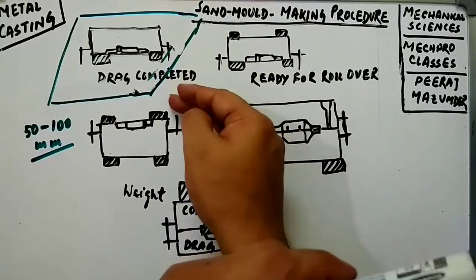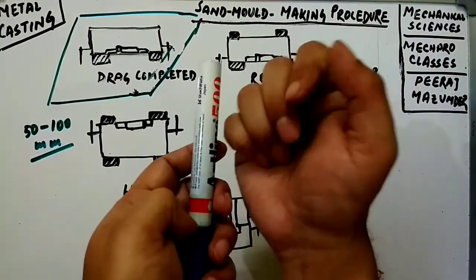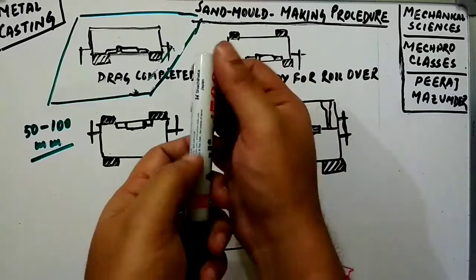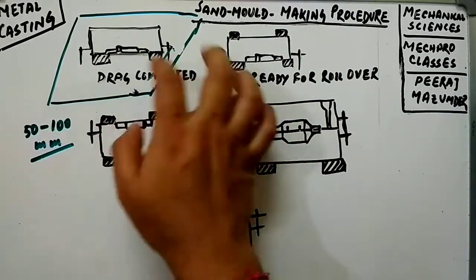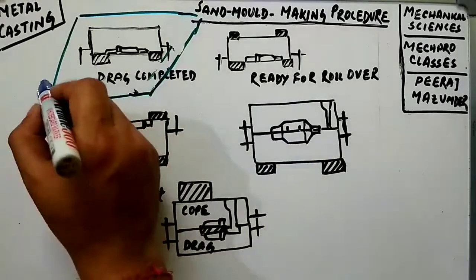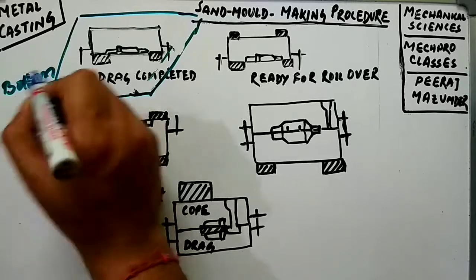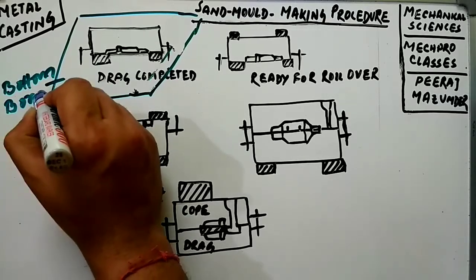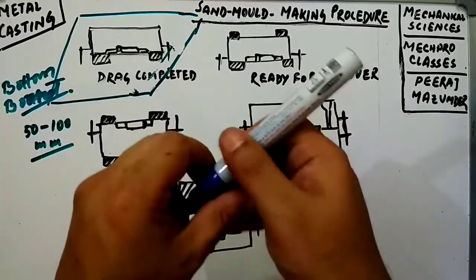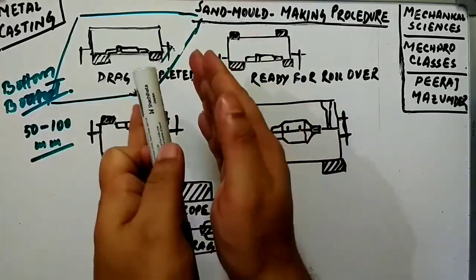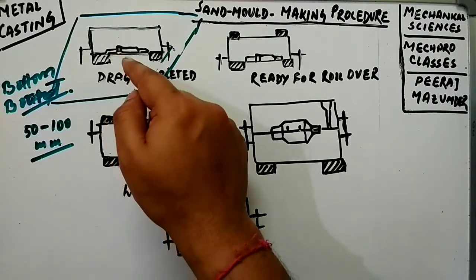Now dry facing sand, you already know the function of dry facing sand. I already discussed in the first video what the function of dry facing sand is. So dry facing sand is sprinkled over the board. This is the bottom board, so just keep a note, write it down as bottom board, or you will just forget. So dry facing sand is to be sprinkled over the bottom board and the pattern.